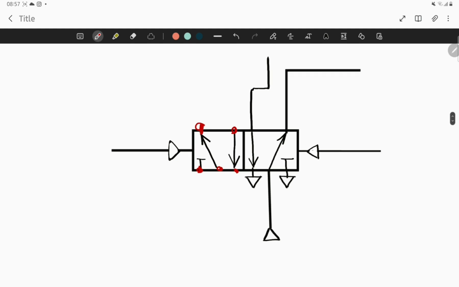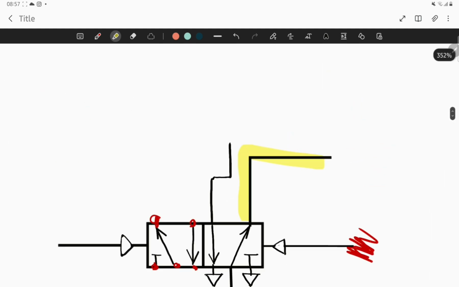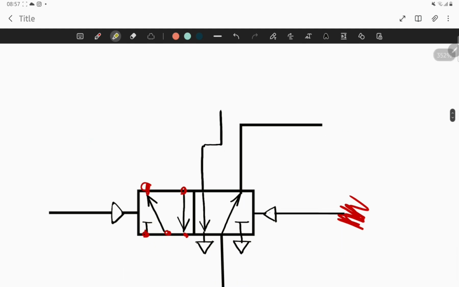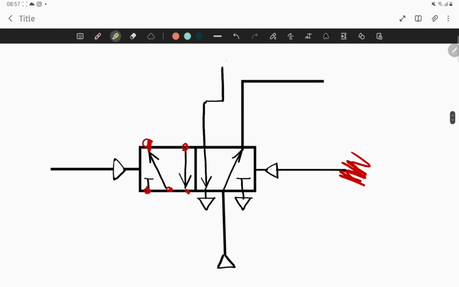And on one of the positions, where it's receiving pressure here, your pressure goes through the middle line and it comes out of the right way. So basically it would activate this line, which can be applied in some place you need it to be. And this pressure is being ignored.